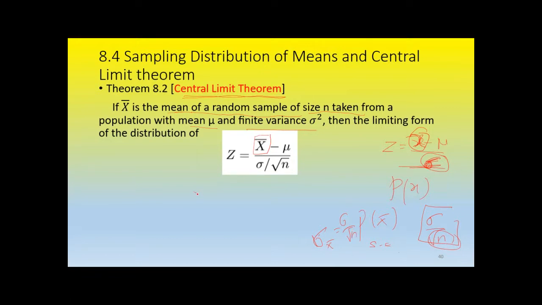Actually, this formula should have been z is equal to x bar minus mu over sigma x bar. It's not the general sigma. Sigma divided by root n, so sigma x bar is known as sigma over root n. And this formula lets us convert the mean into z and then use the normal table again to find the probability.